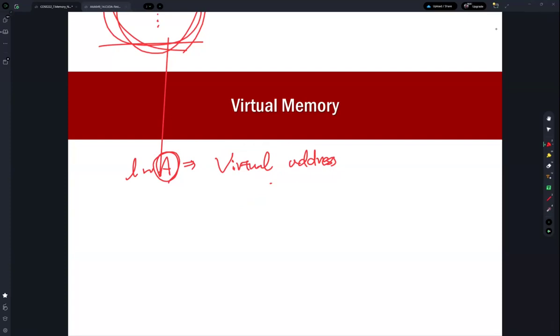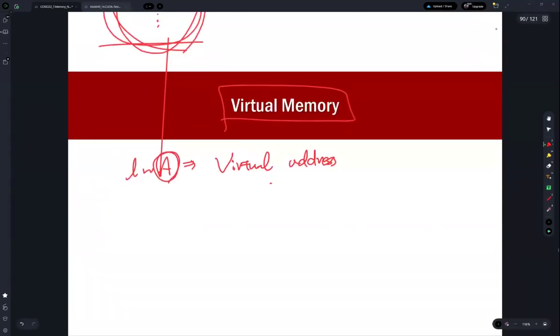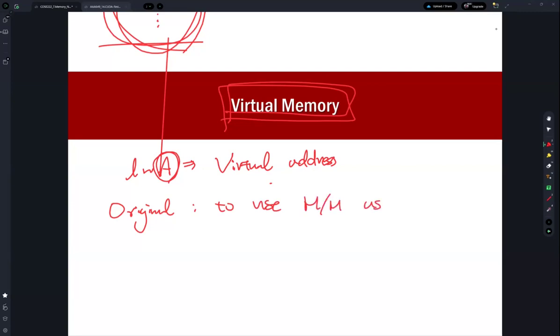So actually, the original purpose of virtual memory is to use main memory as a cache.